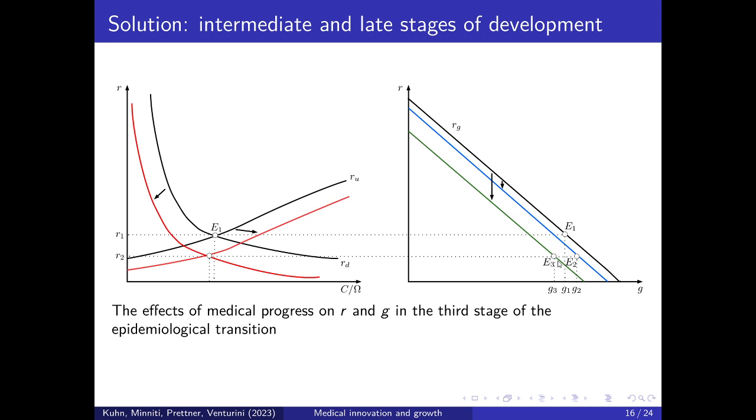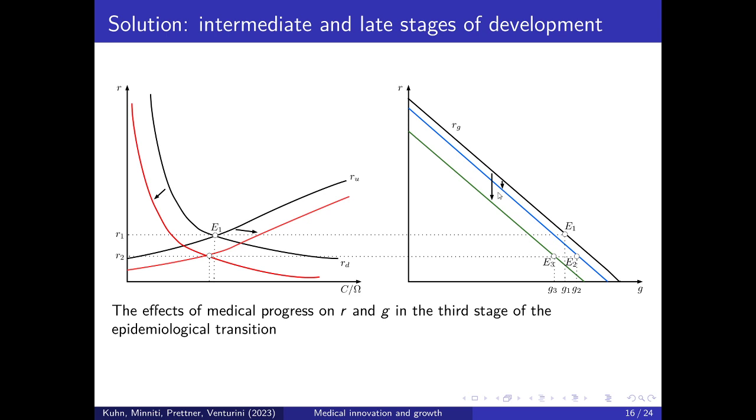In the end, if it's mainly cancers and so on that we have to fight against, that's very resource intensive, and then definitely the effect here of the reduction in terms of employment that we have in final goods production and R&D due to the expanding healthcare sector would dominate the effect on the interest rate that still works in the direction that people would save more and invest more, which would also increase the incentives to carry out research and development because the interest rate decreases and the future operating profits are discounted at a lower rate.